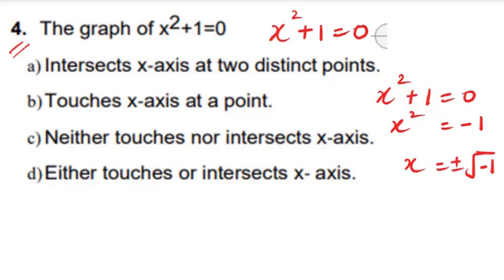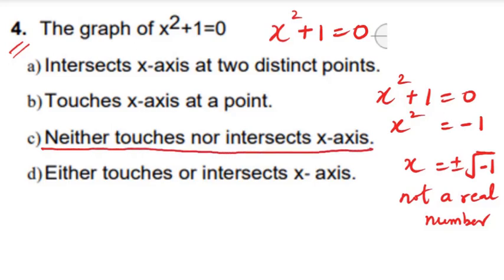The square root of a negative number is not a real number. So the zeros are not real, and then the graph neither touches nor intersects the x-axis. This is the correct answer for this part.